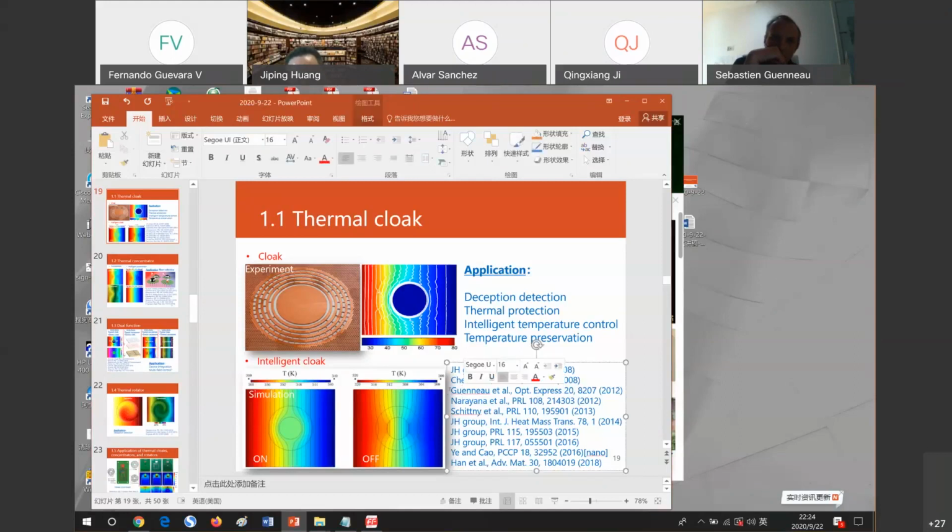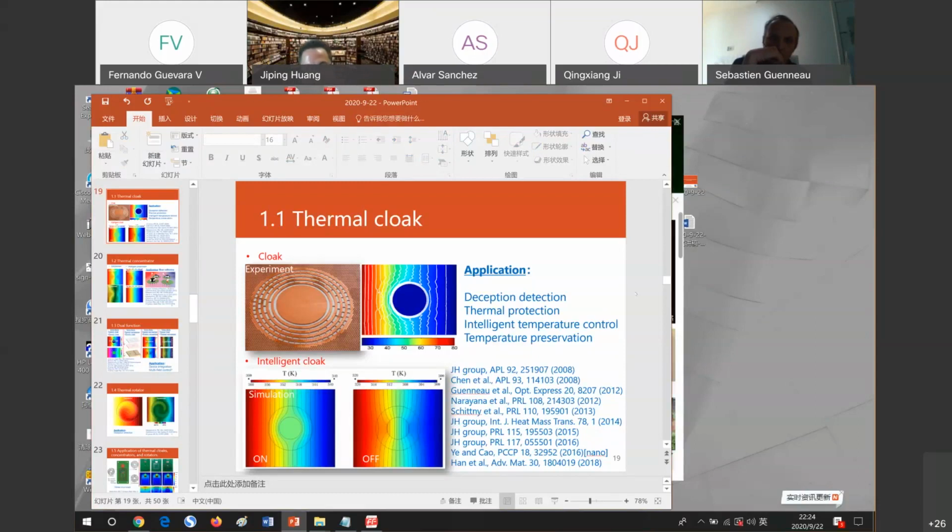Of course, Professor Khalil is an expert for such non-steady state distribution. Actually, for non-steady state distribution, we also can obtain a transient thermal cloak. But the only point I need to mention is there is also a characteristic length, the diffusion length.